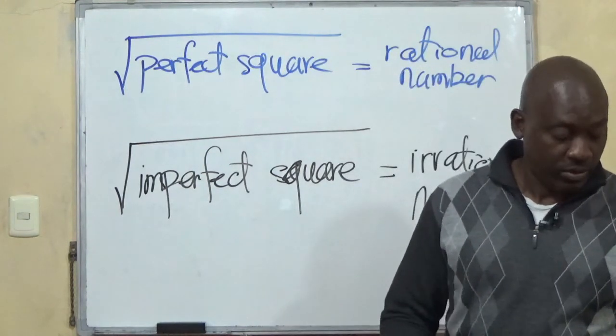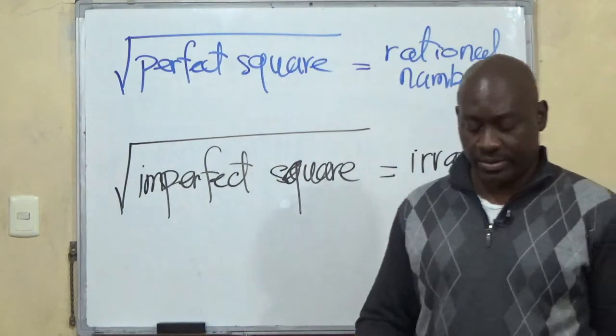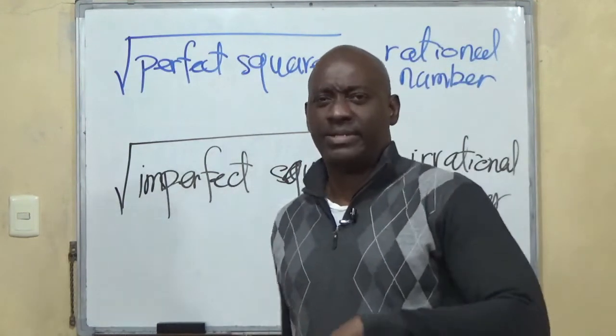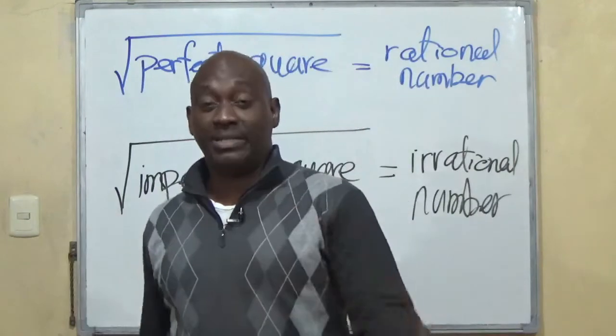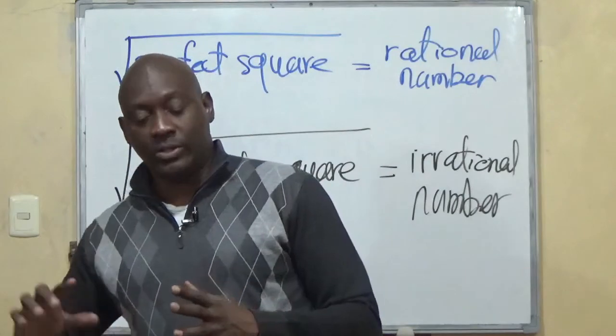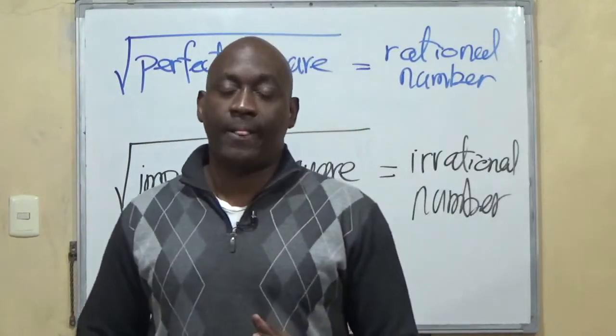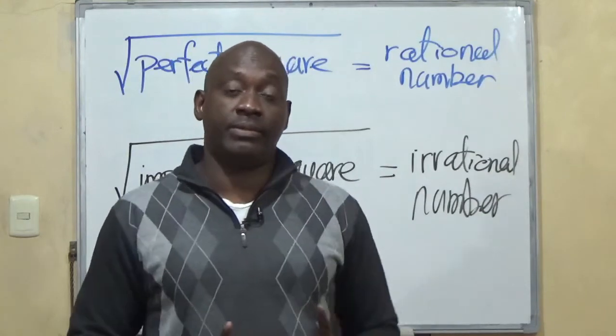So, to wind up, we spent a lot of time in this video dealing with all kinds of different things. Prime numbers and all kinds of things, powers and multiples and things. But the bottom line of everything was to go deeper into the differentiation between rational numbers and irrational numbers.